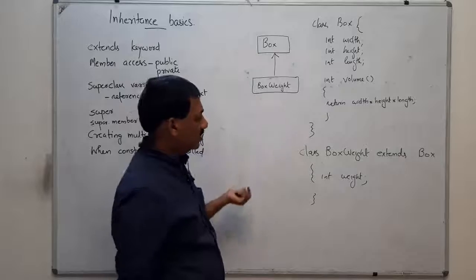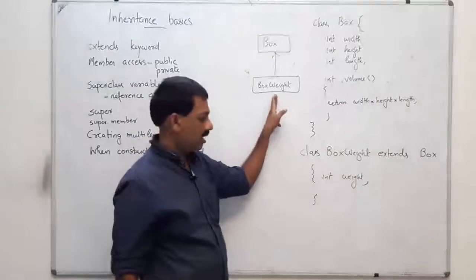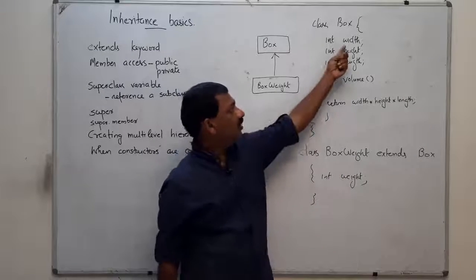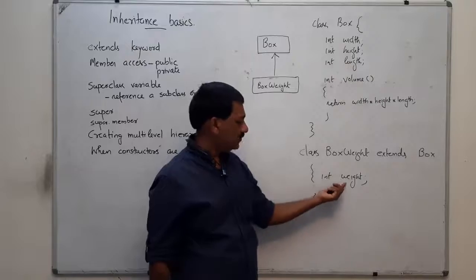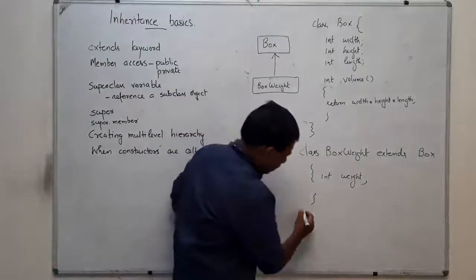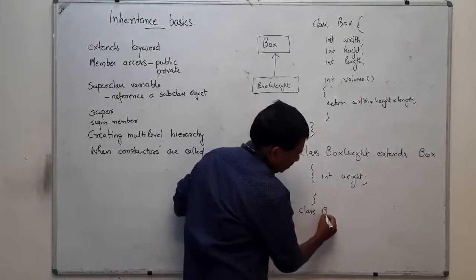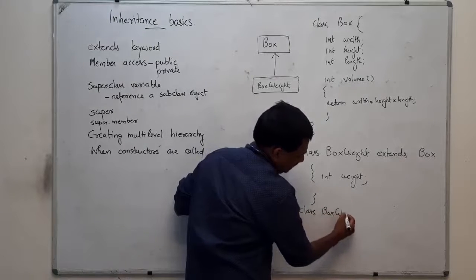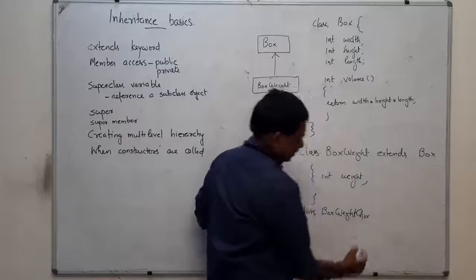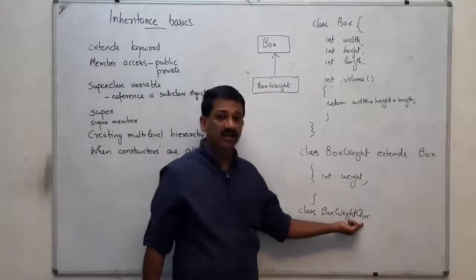And suppose you want to add color also to a box with width, height, length and weight. You have to include color also. So we are going to have class box weight color. That means here you have a box with weight and color.